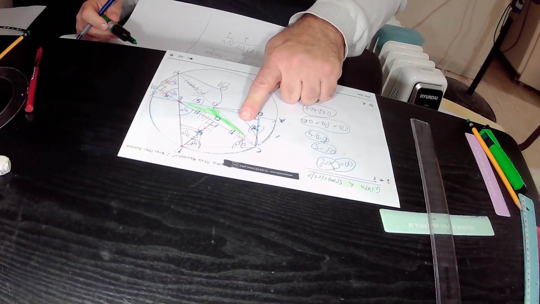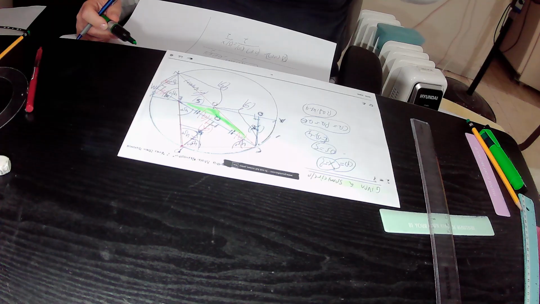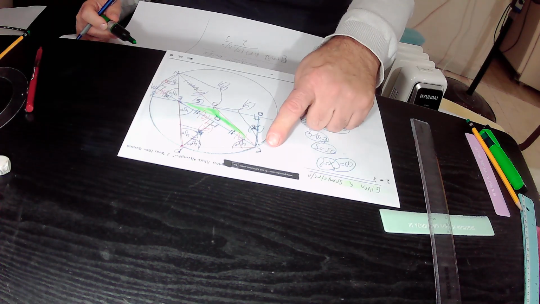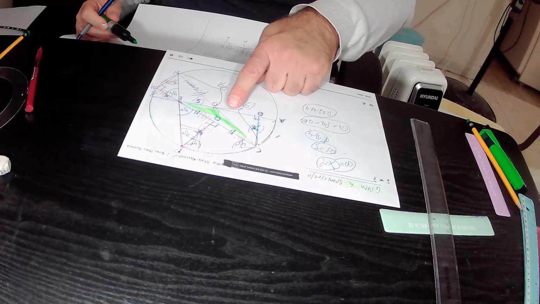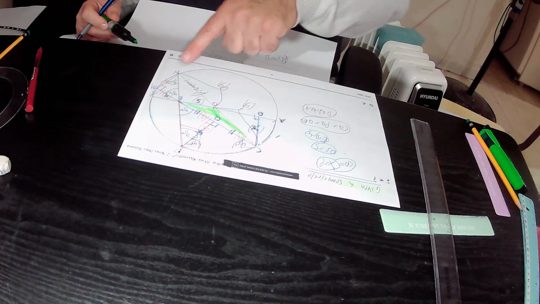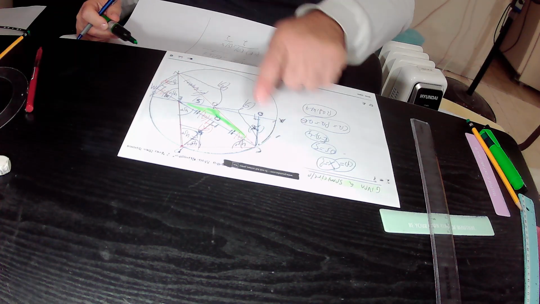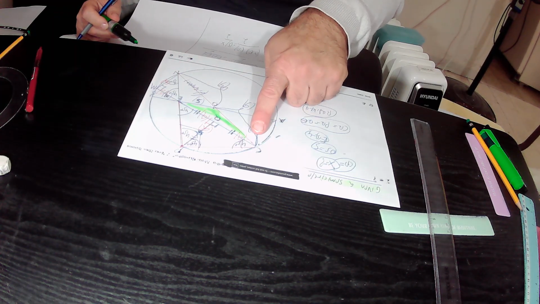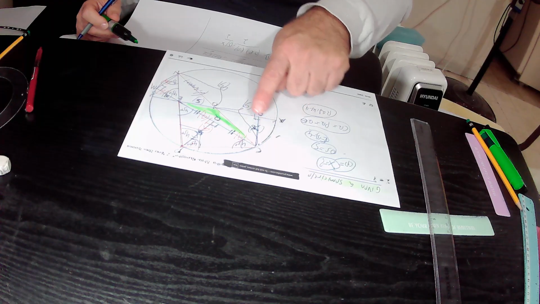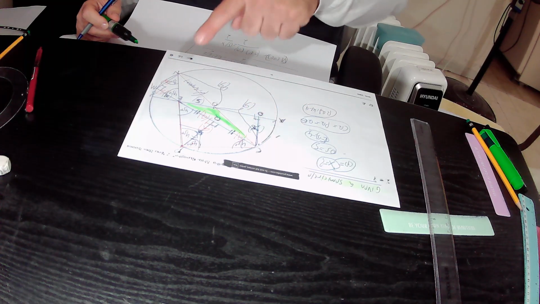We choose the base as CO, and the height to the base will be NM, because the height to the extended base CO is NM.